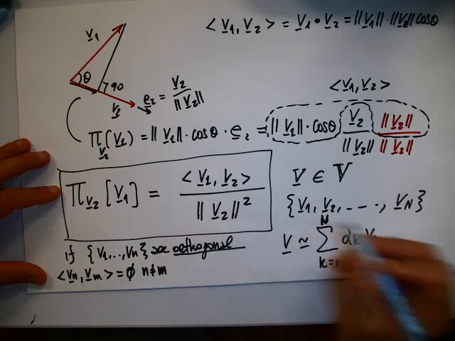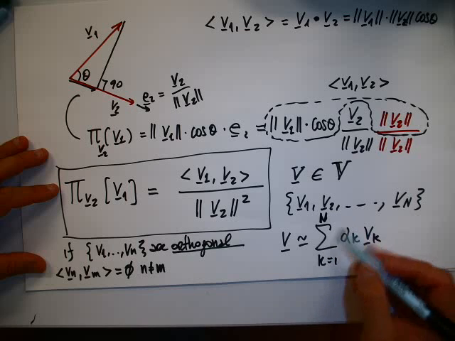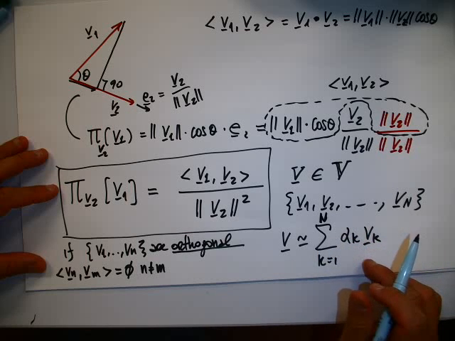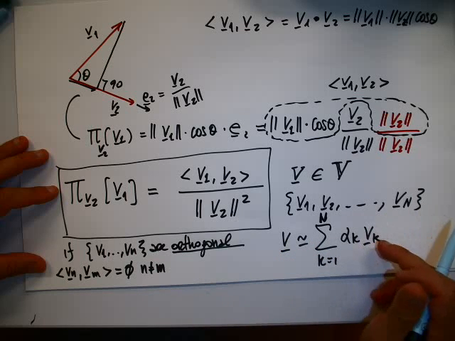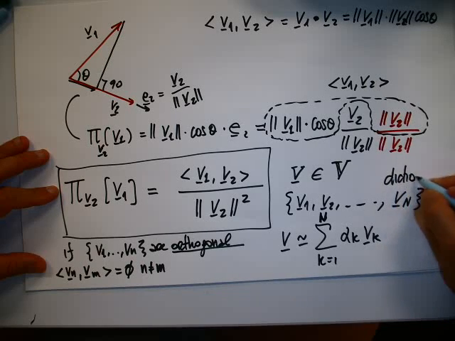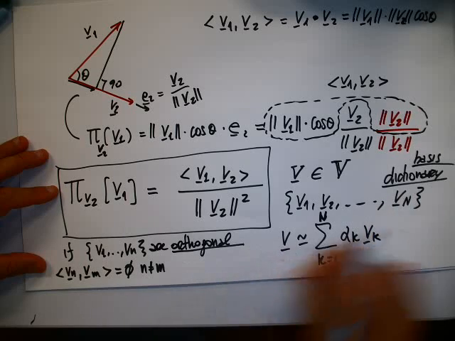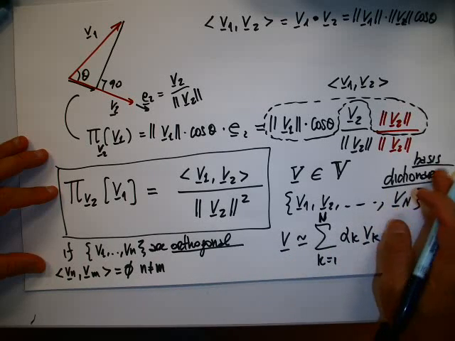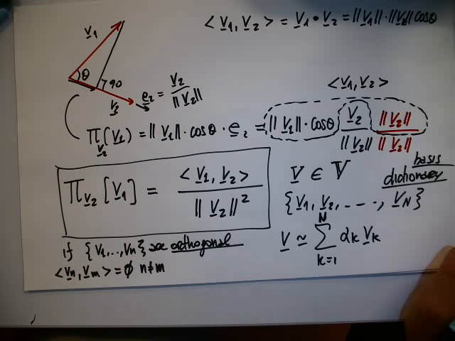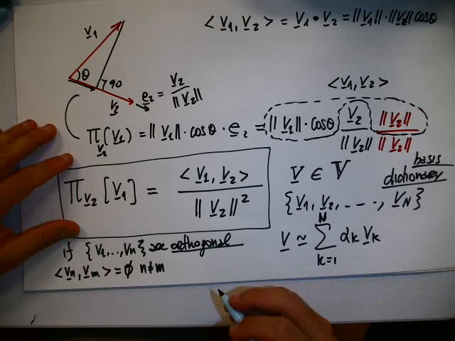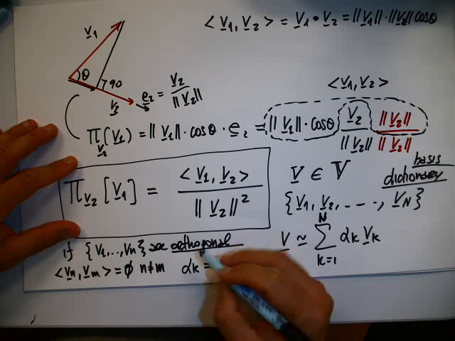Then I'm going to show you that the optimal coefficient that gives me the best approximation of V as a linear combination of this set of bases Vk, which we call dictionary or basis. Dictionary comes from DSP, and basis comes from mathematics.